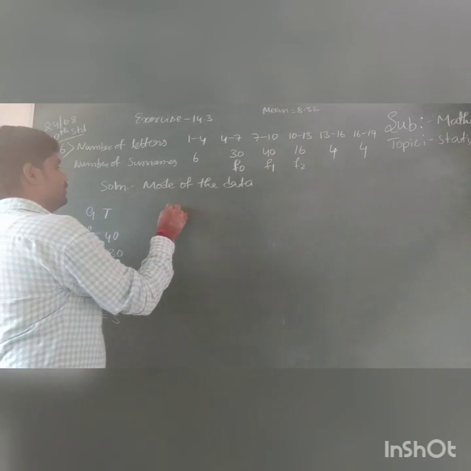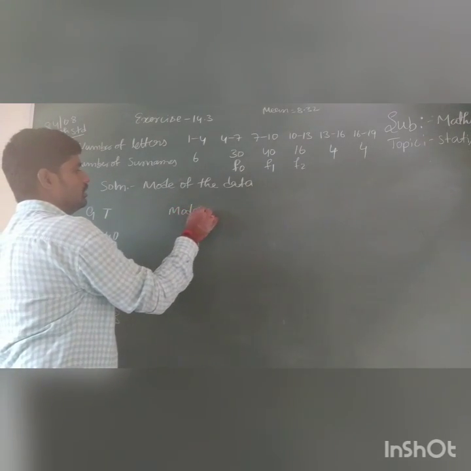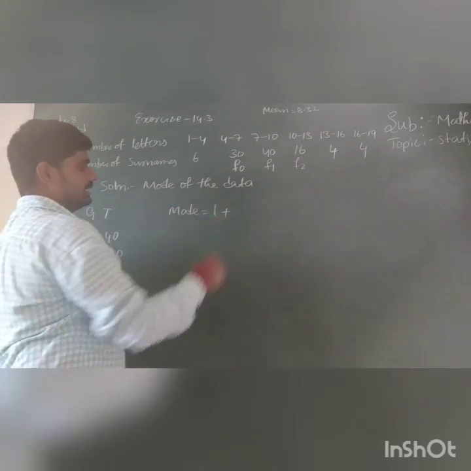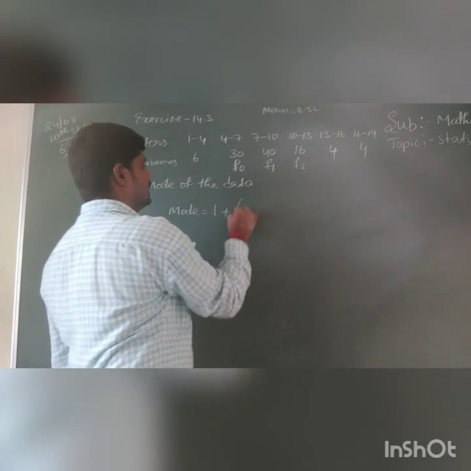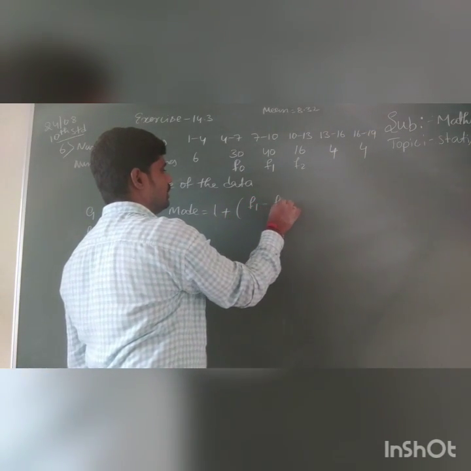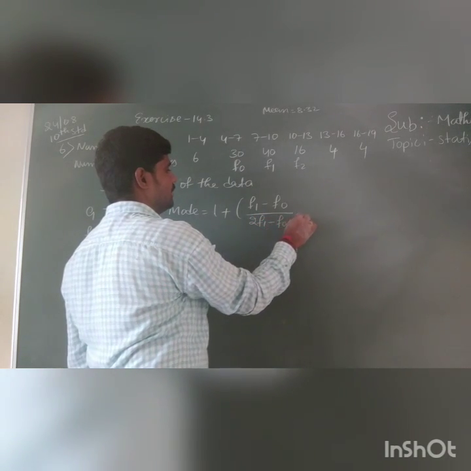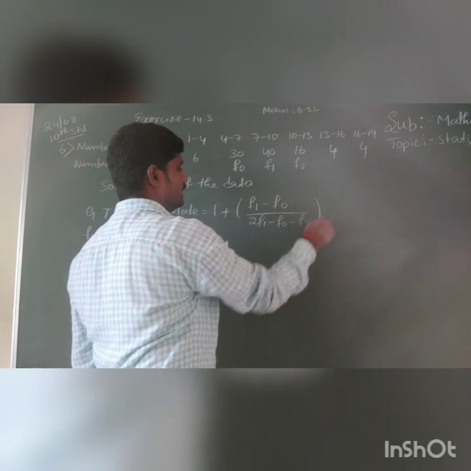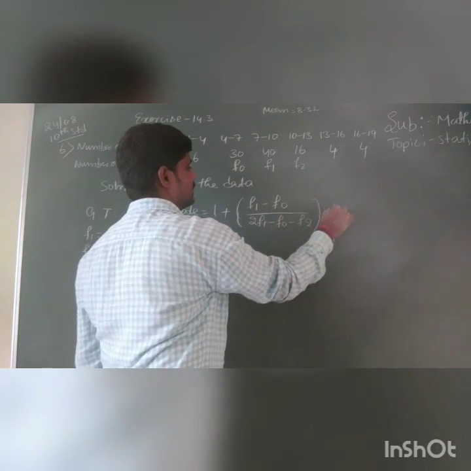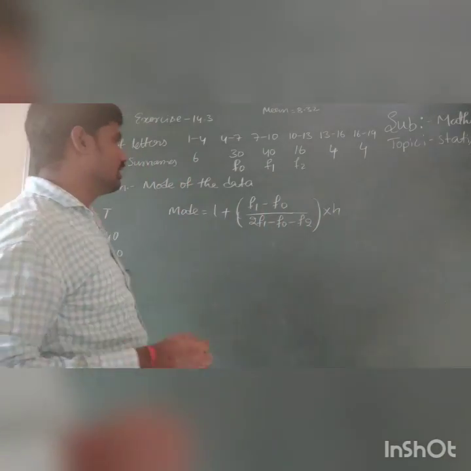Now write the formula. What is the formula to find the mode? Mode is equal to L plus (F1 minus F0) divided by (2 F1 minus F0 minus F2) into H. This is the formula. Now apply the values.